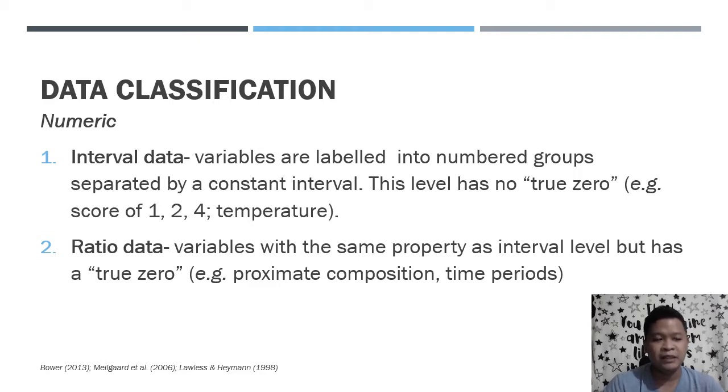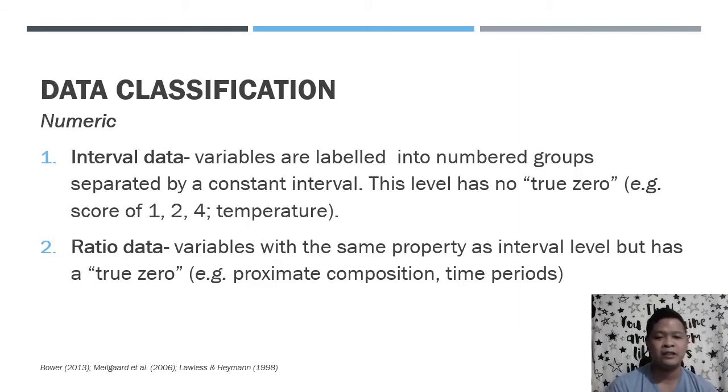On the other hand, that doesn't mean that 20 degrees Celsius is twice as hot as 10 degrees Celsius, or that 40 degrees Celsius is twice as hot as 20 degrees Celsius, because you don't have a true zero, and that means you cannot multiply the values, but you can add and subtract them to get the intervals, and that's where the word interval comes from.